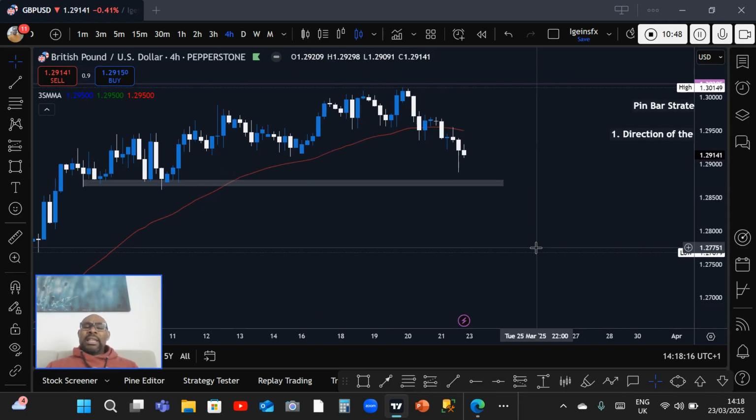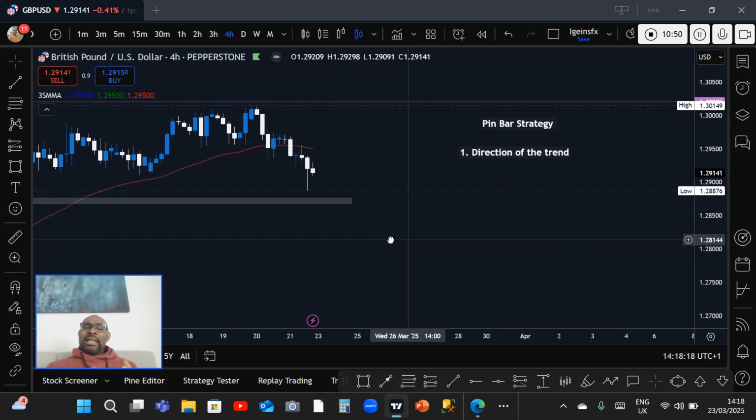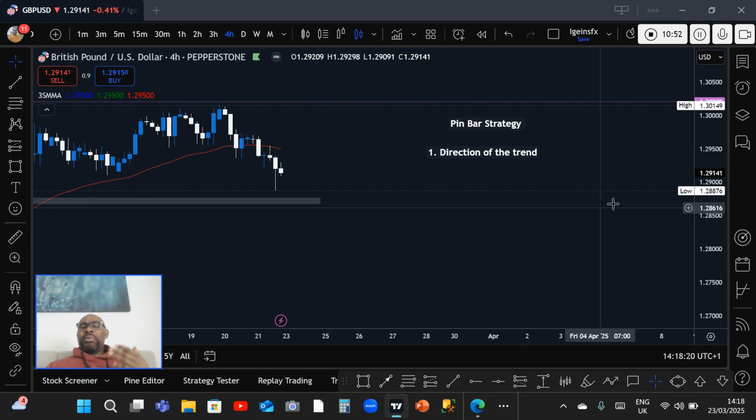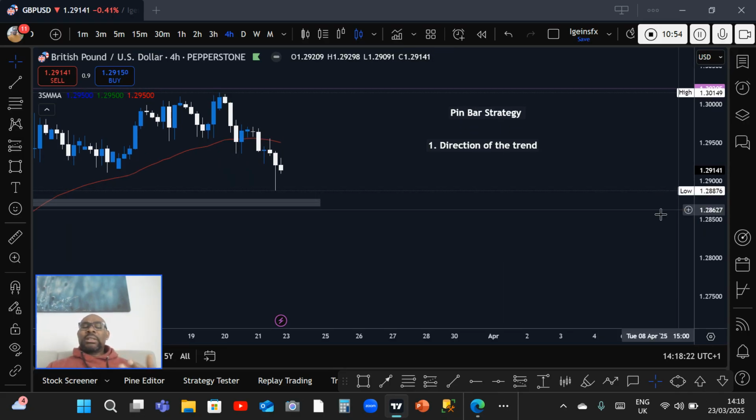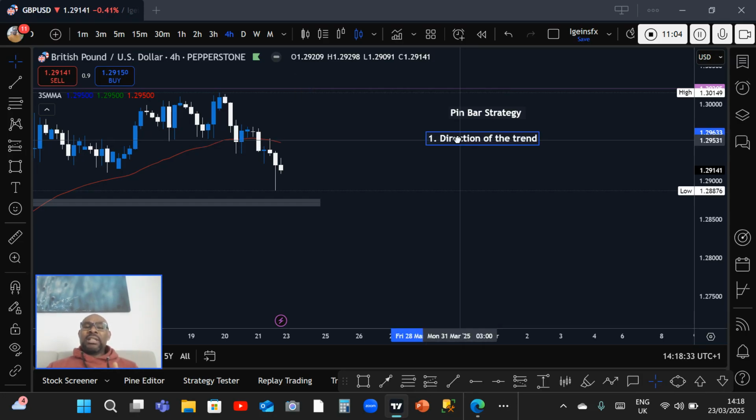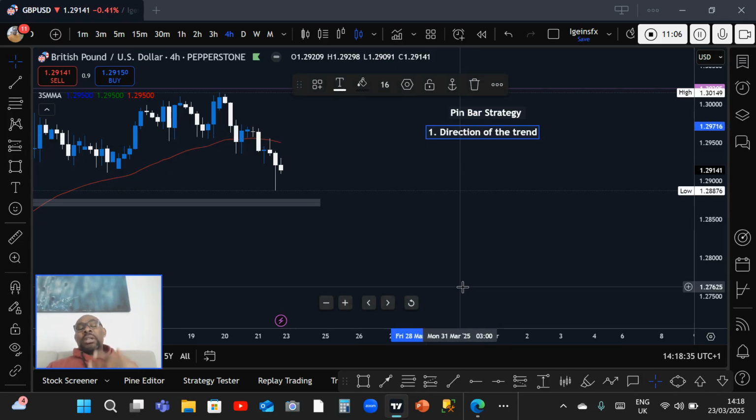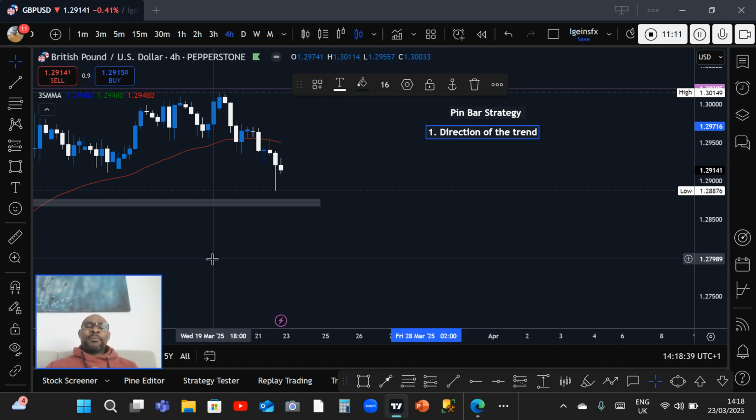If we are bearish, as a trader, what you need to be looking out for is what? A buy opportunity. Anytime the trend is bullish, we should be looking for buying opportunities.